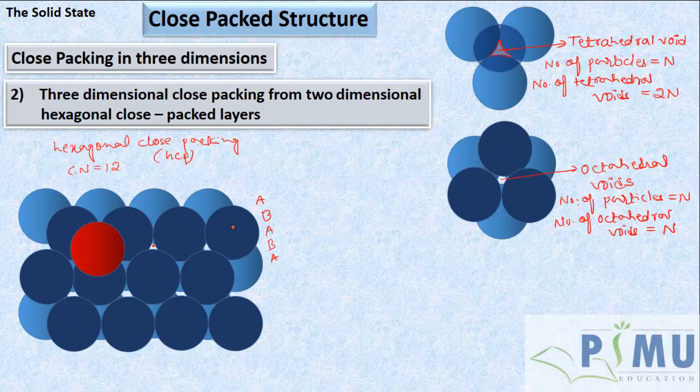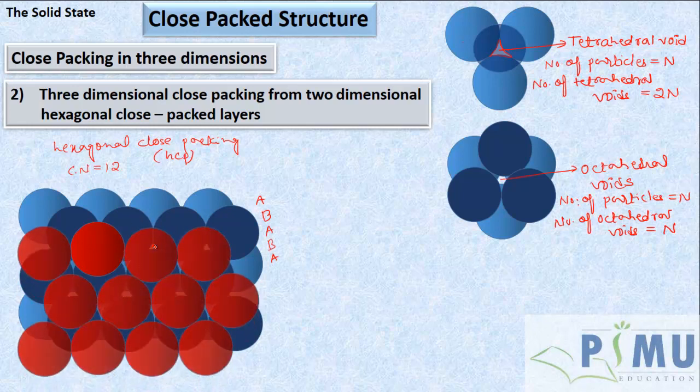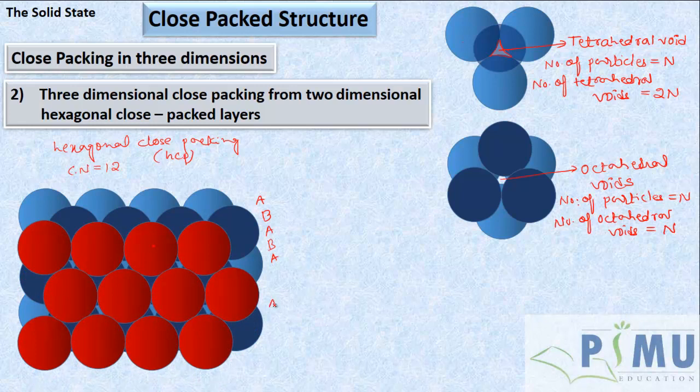See, when we arrange the third layer like this, it is different from both layer A and layer B. Then if we place the particles like this, the arrangement will become A, B, C, A, B, C. When the arrangement is ABC, ABC type, then that arrangement is called cubic close packing, or we can call it CCP.